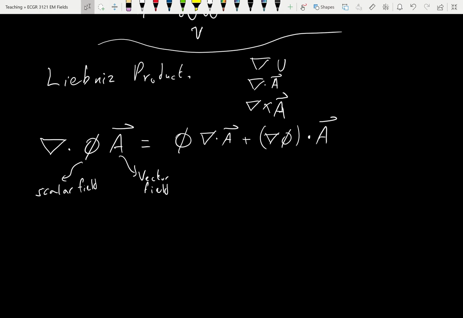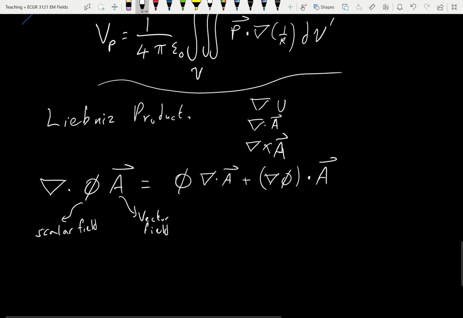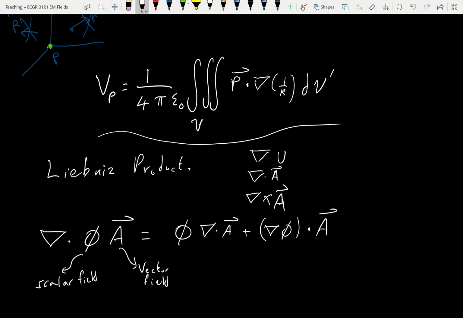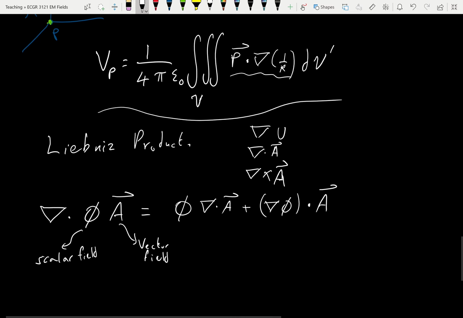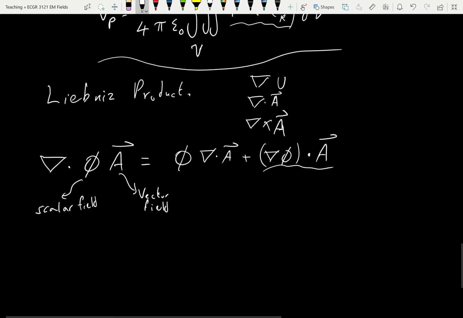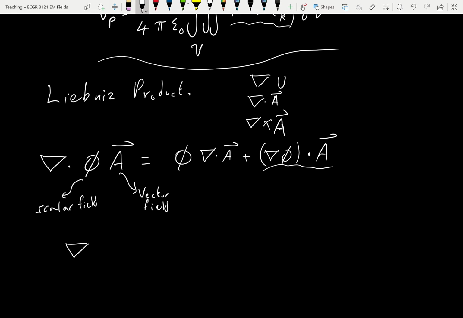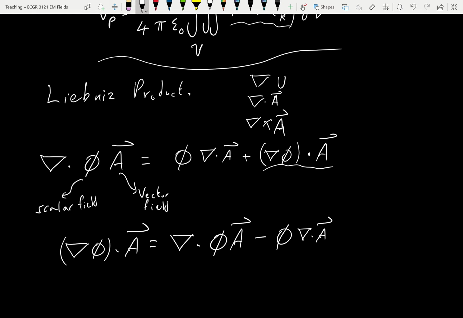Okay, I can rearrange this. This term here is a vector field dotted with a gradient, so it matches this term, right? So I can rearrange the equation so that the gradient of the scalar field dot A equals the divergence of the scalar field times the vector field, minus the scalar field times the divergence of A, right?